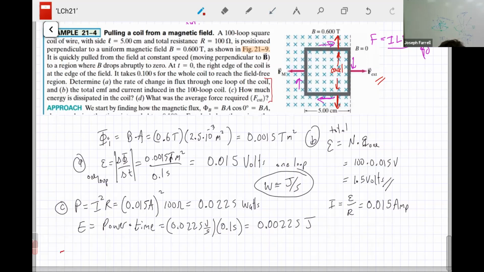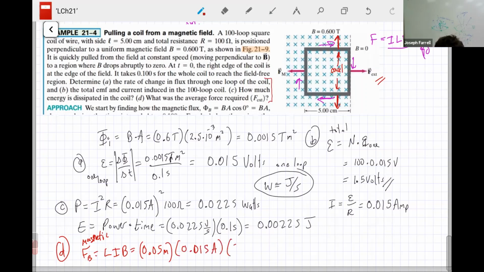That's, I think, D. So D, the magnetic force that's unbalanced is ILB. And so the L is 5 centimeters, 0.05 meters. Then the I is 15 milliamps.